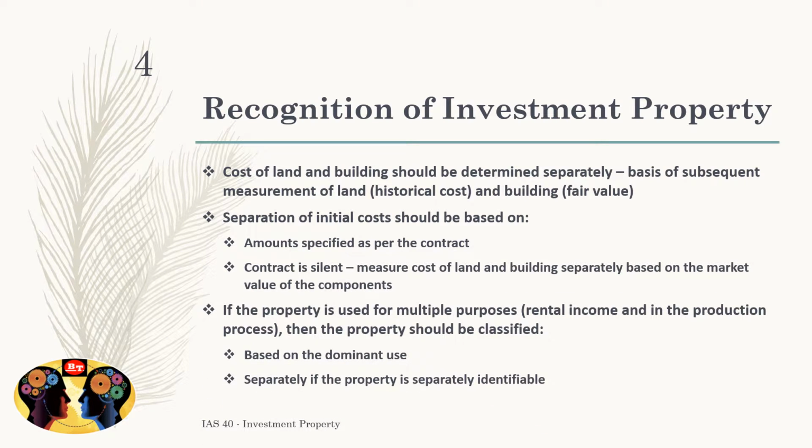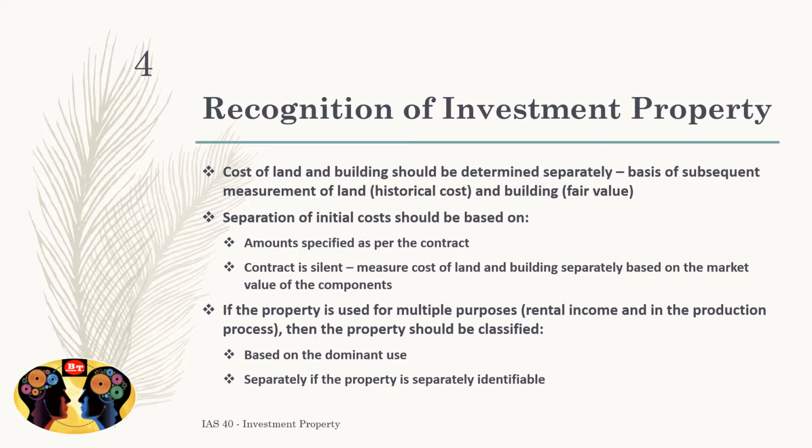Recognition of investment property. The cost of land and building should be determined separately. It is the basis of subsequent measurement of land, historical cost, and building, fair value. The separation of initial costs should be based on amounts specified as per the contract.